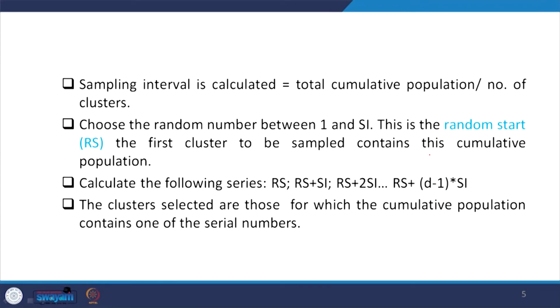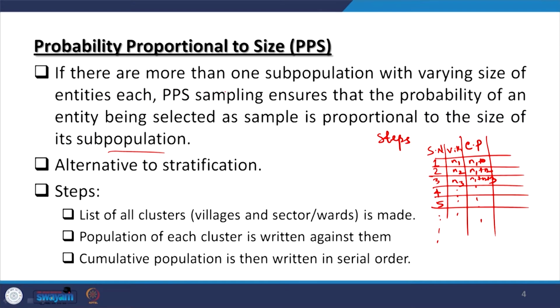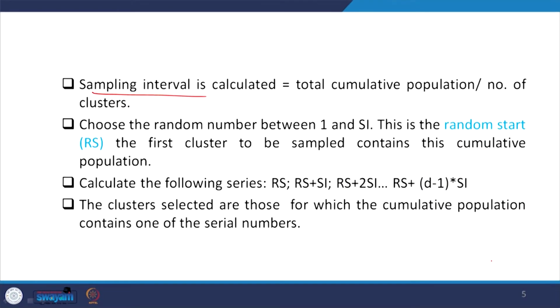Now, how to do it? Let me first go by the points. We have to define a sampling interval. What do we mean by sampling interval? Once we have derived the cumulative population, we will get the total, capital N, and N divided by the number of clusters you require.